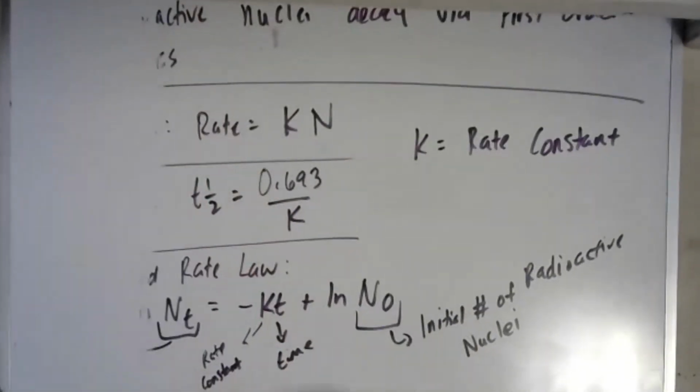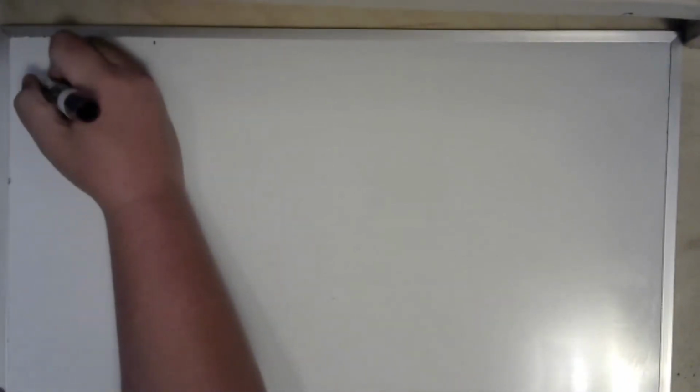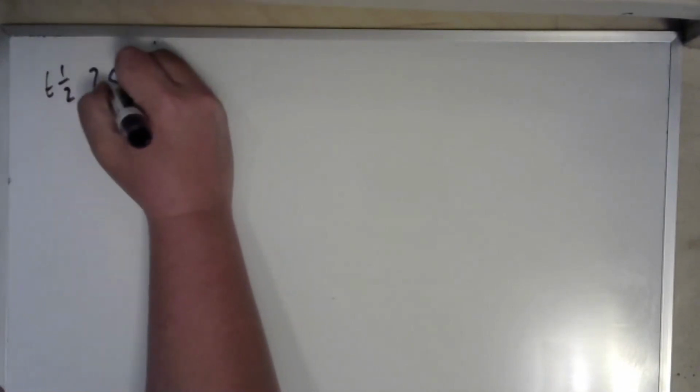But we're asked this first question. It says plutonium-236 is an alpha emitter with a half-life of 2.86 years.